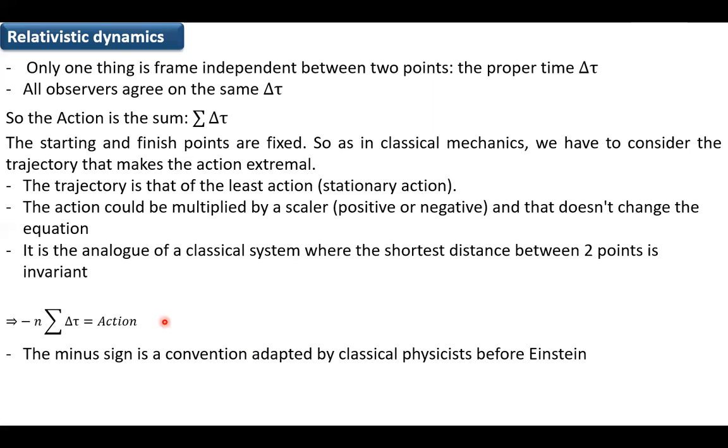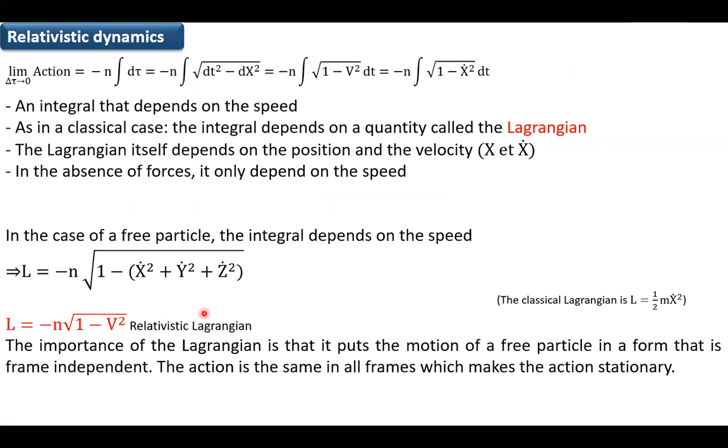Okay, so you know when you have a sum over very small quantities, or over differential quantities, the sum becomes an integral. So this total action is the limit when delta tau tends to 0 of minus n sigma delta tau.